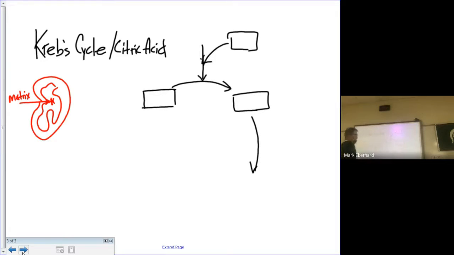Just got to think for a second as to how many boxes I want to use. I don't want to make this too complicated. Again, you would not be expected to redraw this in any way, shape, or form.